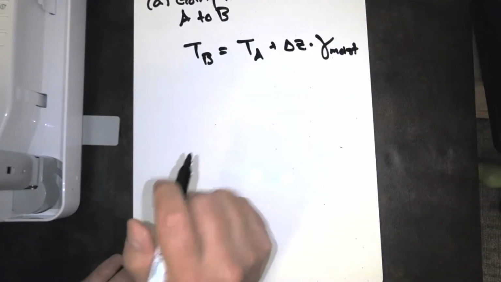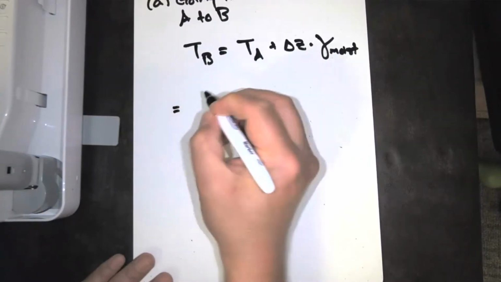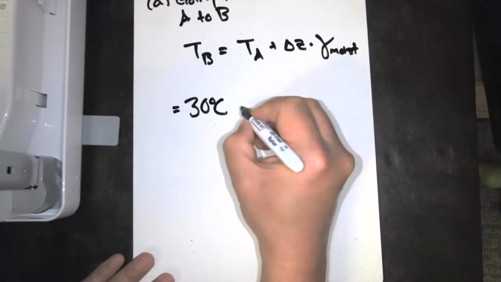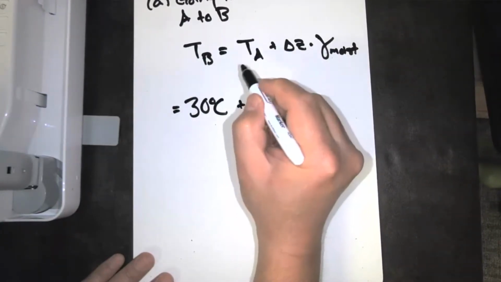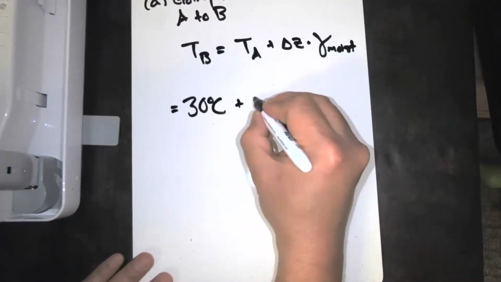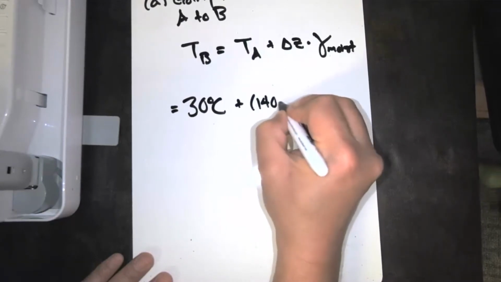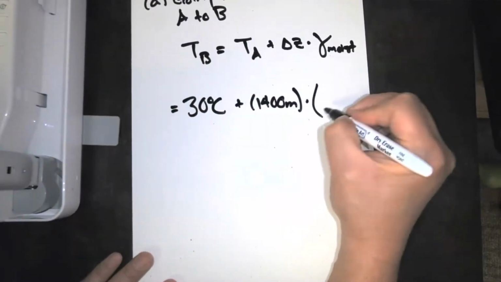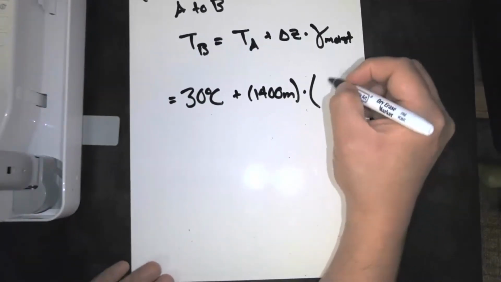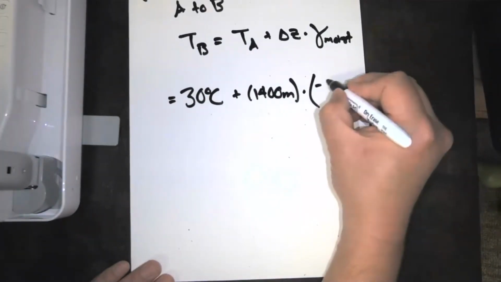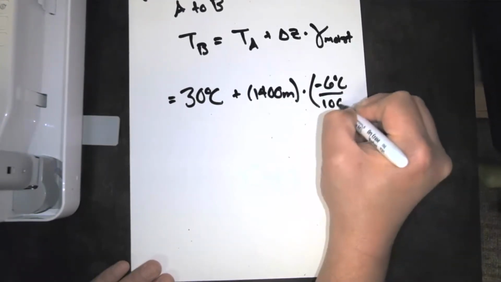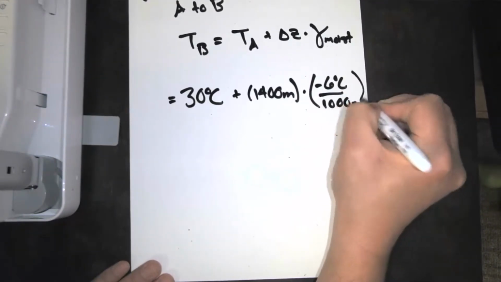Okay, so if we plug the numbers in, we get 30 degrees C plus delta Z is 1,400 meters, and the moist adiabatic lapse rate is minus 6 degrees Celsius per 1,000 meters.